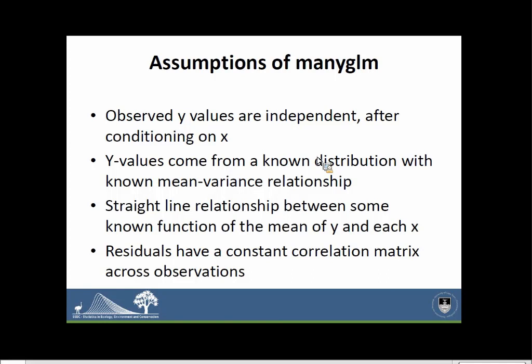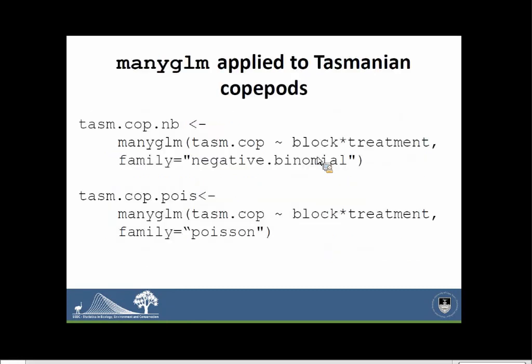You can change all of these things. You can use different arguments to better specify for your specific problem you're trying to answer. Okay, so because we're using count data, generally there are two different mean-variance relationships or probability distributions that you can use for count data.